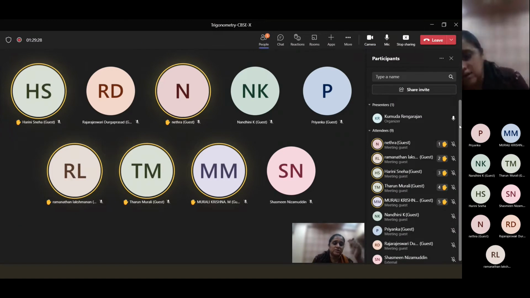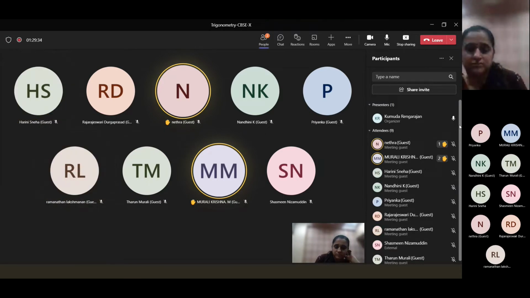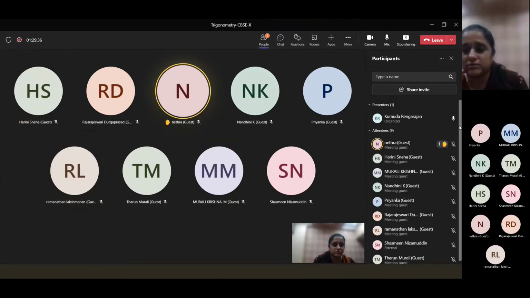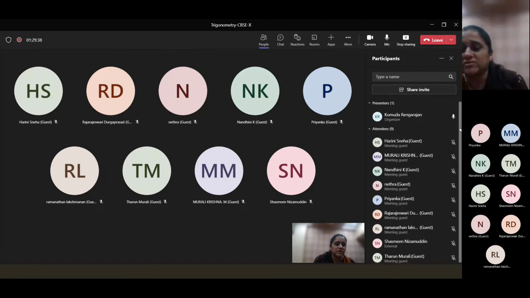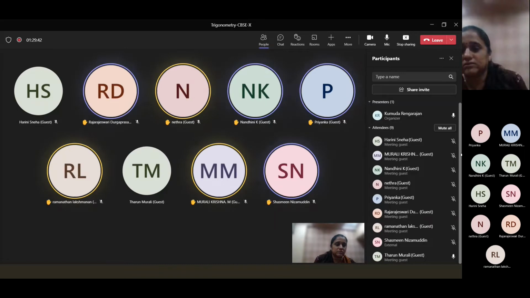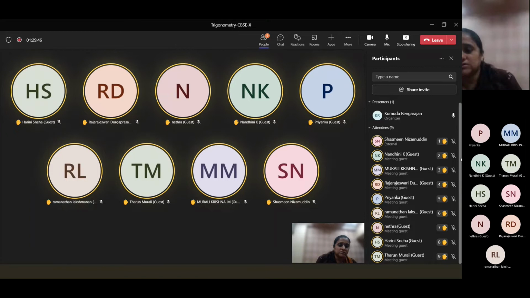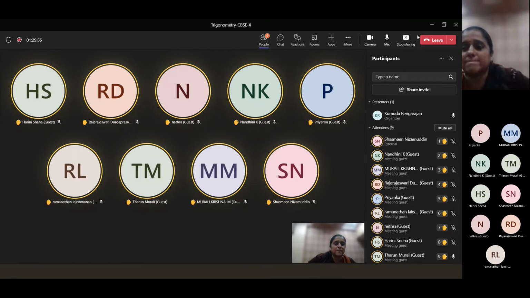Lower hands, Netra, Ramnathan, Harini, Sneha, Tarun Murali. Now class, use the emoji, raise your hand. Sashmin, Nandini, Murali Krishna, Raja Rajeshwari, Priyanka, Ramnathan, Netra, Harini, Sneha, Tarun Murali. Somebody's left the meeting.